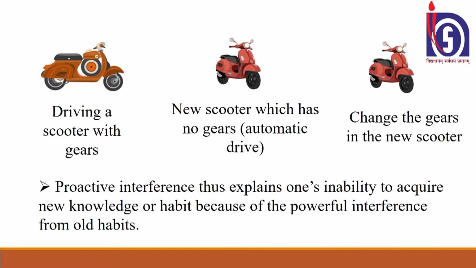So what is happening? Because you are so used to changing the gears from your old practice, you're not able to adapt to new things because of the interference from the old information. This is known as proactive interference.